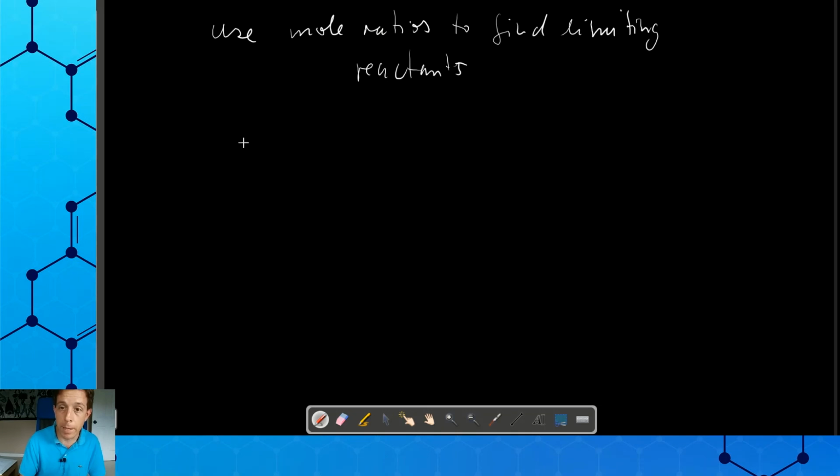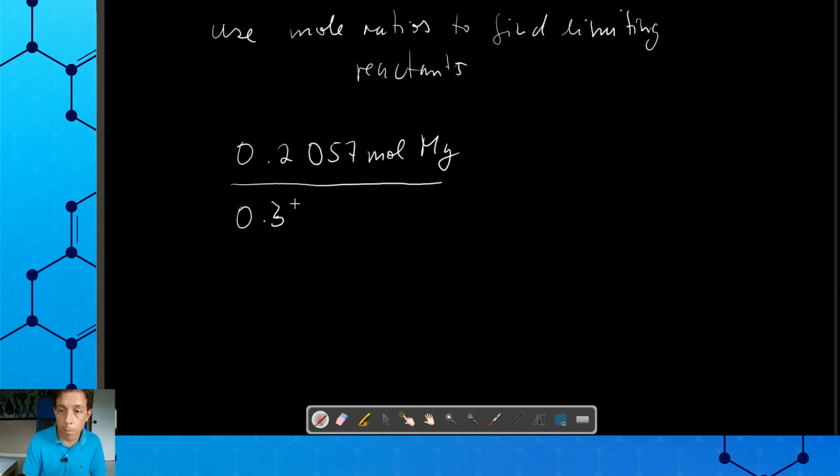But say, for example, we start off with 0.2057 moles of magnesium, and the ratio is 0.3125 moles of oxygen. And we look at the stoichiometry, we see it's 2 magnesium for every 1 oxygen.